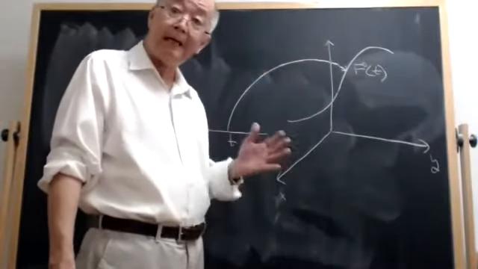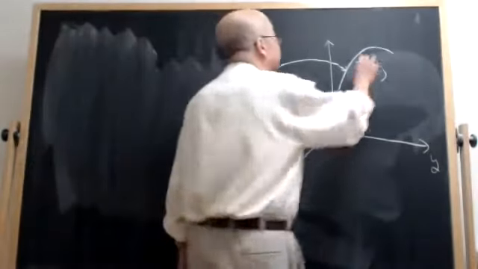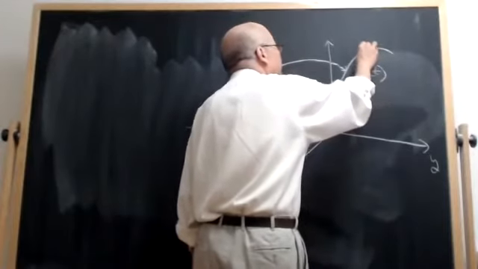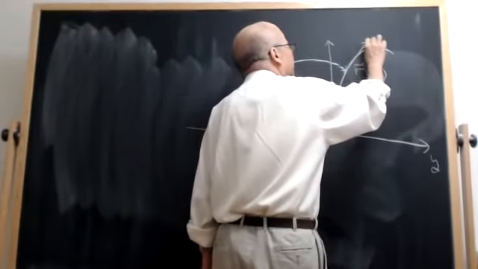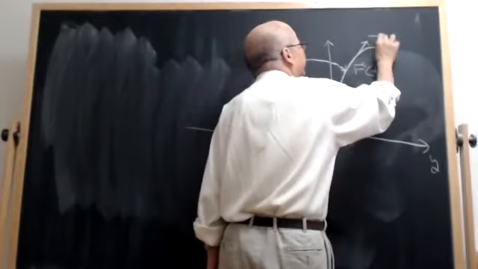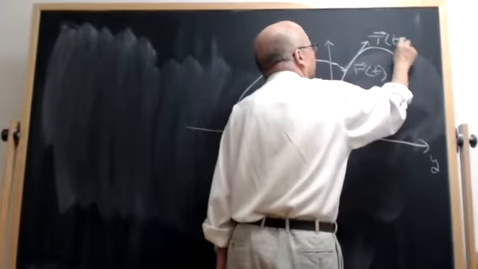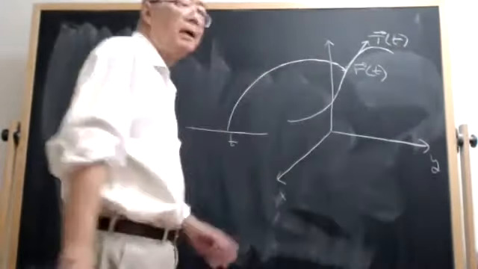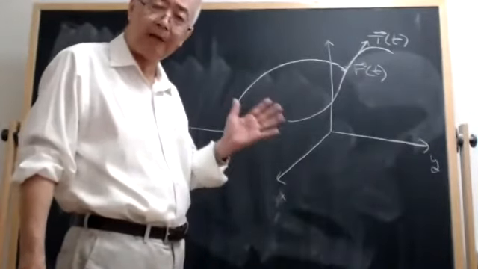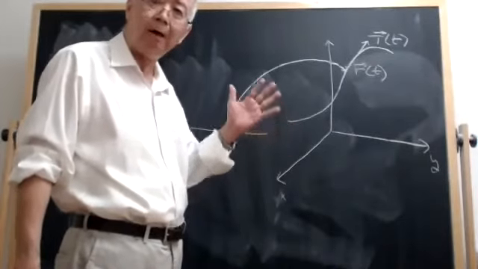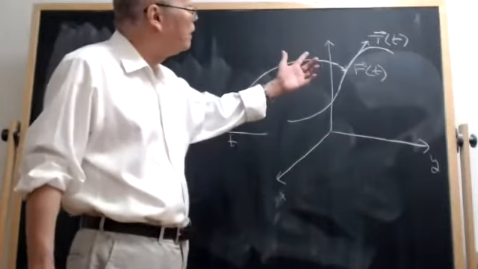And the way we study it is to look at the unit tangent vector, which we call T of t. And then we are going to look at T prime of t, the derivative of the unit tangent vector, which is perpendicular to T of t.